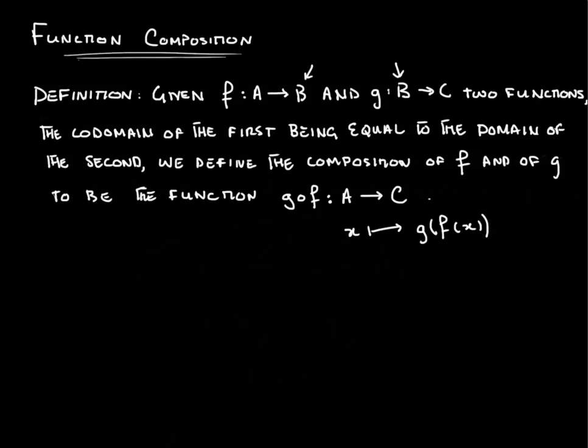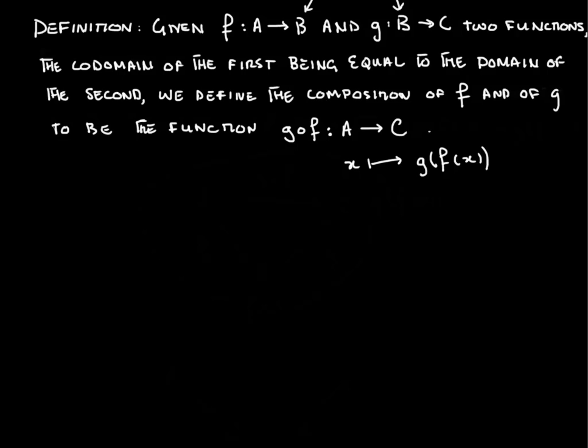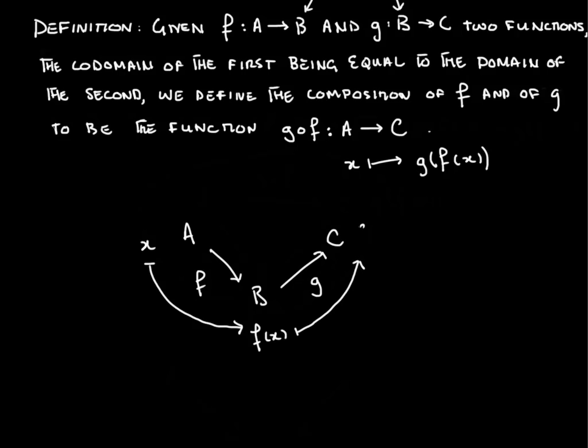Alright, so let's go over a little diagram to see what's going on in the function composition. So we have the set A, and our function f sends elements of the set A to elements of the set B, and then our function g goes from B to C. Now, f sends x to f of x, and g takes f of x to g of f of x.